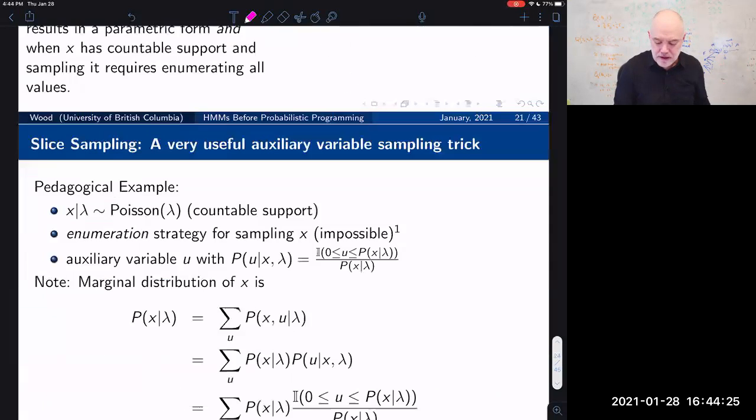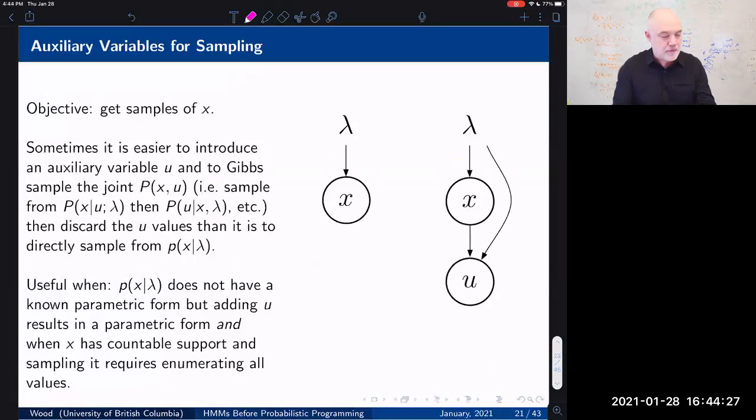If you think about it from a graphical modeling perspective or a joint distribution perspective, you can see that if you just marginalize out u, immediately you have the distribution you want. So that's the only thing that you need to think here.